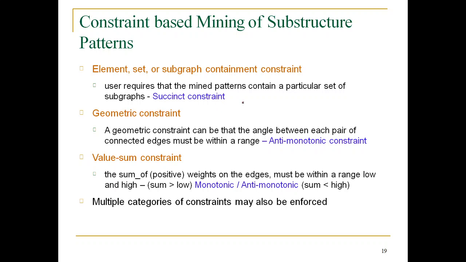For example, suppose we have G as a graph and we have the constraint like minimum angle should be less than the angle between the edges like E1, E2, E3, E4 and so on, and it should be less than the maximum angle.